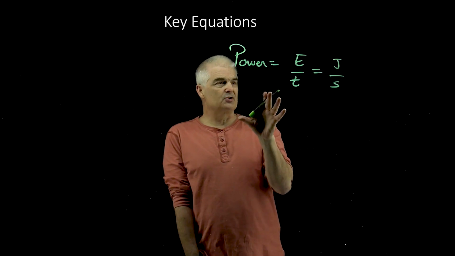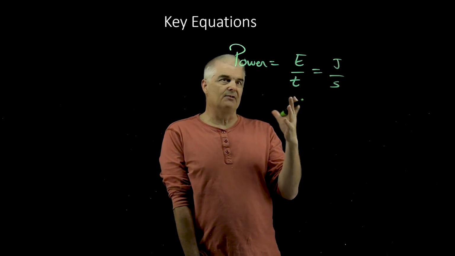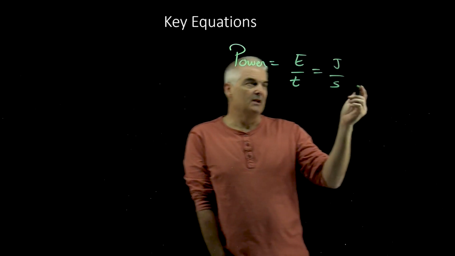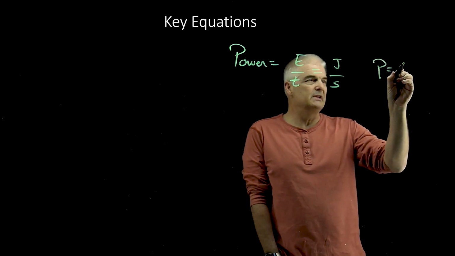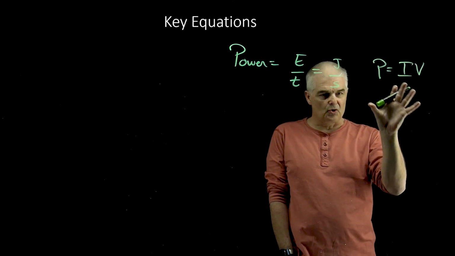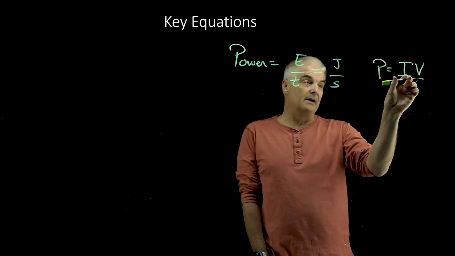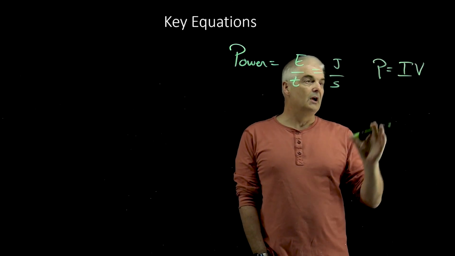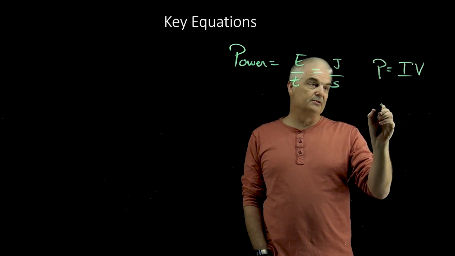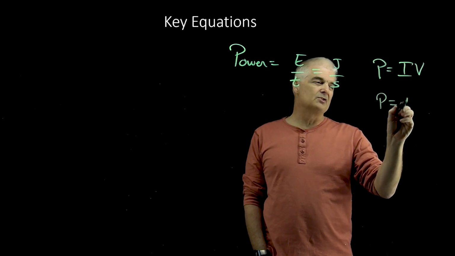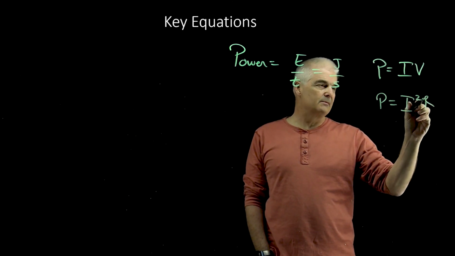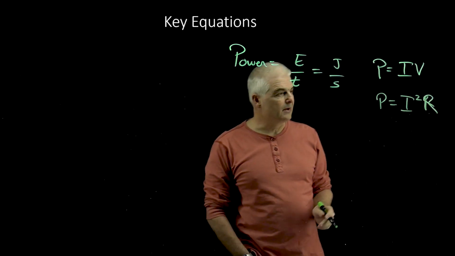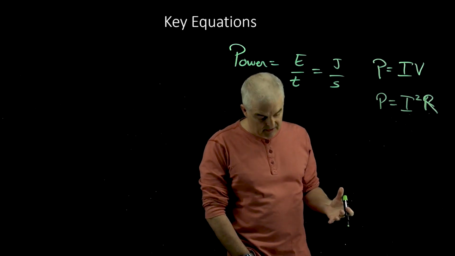But when we talk about electricity, there's lots of equations that power equals. You can rearrange the equations. I'm going to get into all the details, but P can also be equal to I times V. These are like the critical key equations, I being current, V being the voltage. Also, P equals I squared R, the current squared times the resistance, the number of ohms in a circuit.